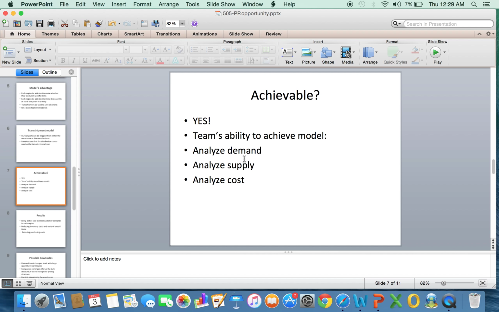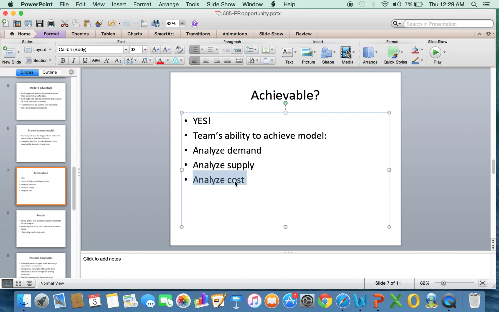The team will be able to achieve this model by analyzing demand. So, what do our clients want? We're going to be analyzing the supply: how much it's going to cost us to get our supply so we can sell it to our clientele. Don't forget, we're a distribution center. When we take those two variables into account, we're going to be able to analyze our costs against one another.